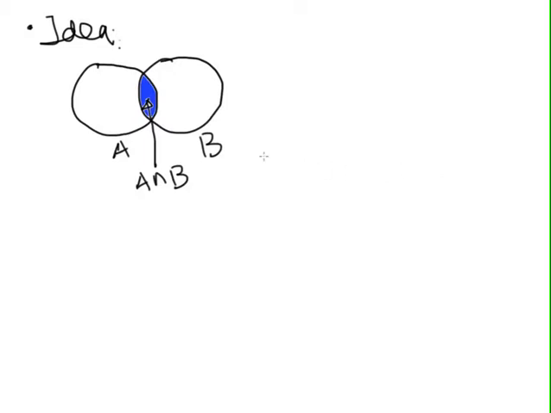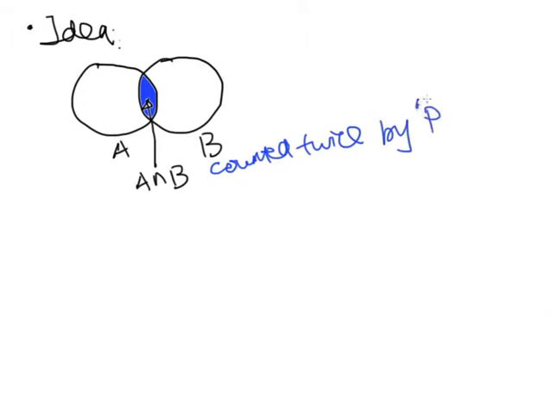We can see that this part is counted twice if you simply do probability of A plus probability of B. So you need to subtract one copy, and that's the formula for this case.